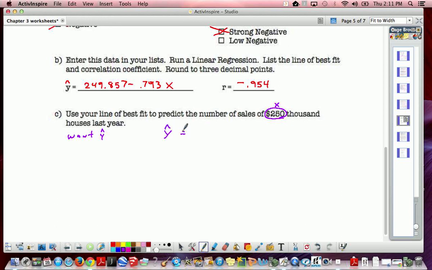So I'm going to plug 250 in for x into my equation: 249.857 - 0.793 times 250. If I plug that into my calculator, it gives me 51.607.